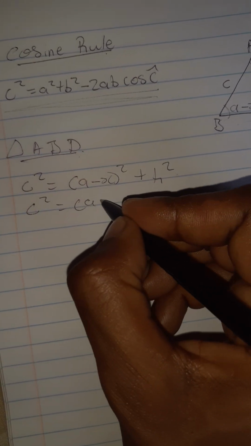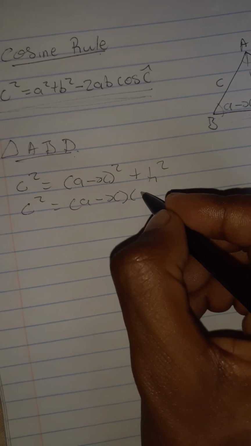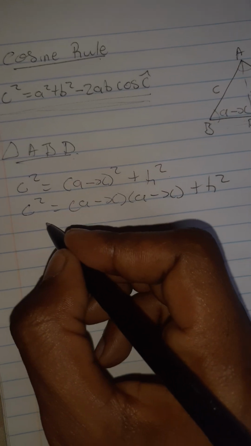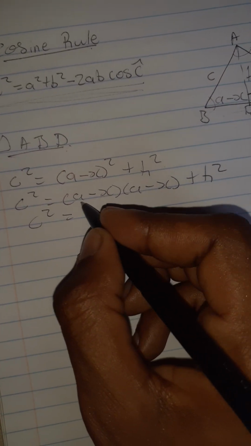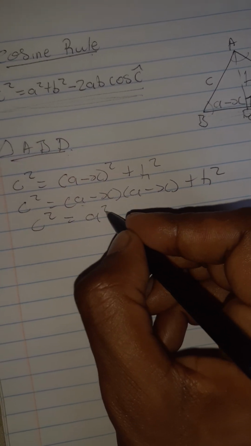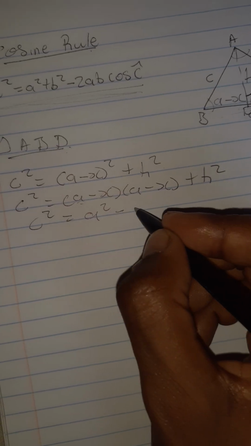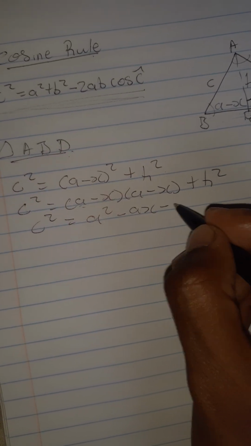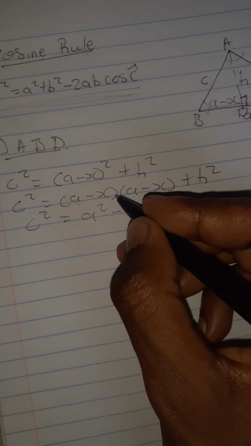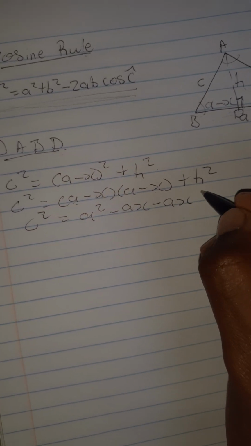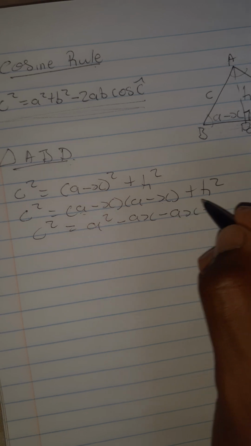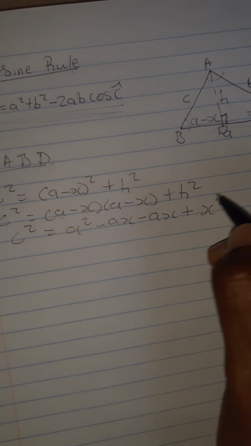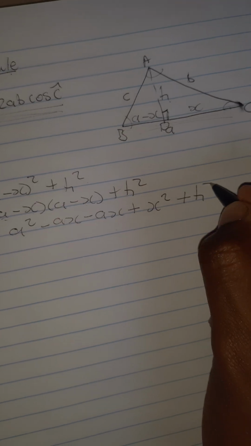Expand the bracket: (a minus x)(a minus x) plus h squared. c squared will then be a multiplied by a is a squared, a multiplied by negative x is negative ax, negative x multiplied by positive a is negative ax, and negative x multiplied by negative x is positive, so it's going to be positive x squared, and then plus h squared.